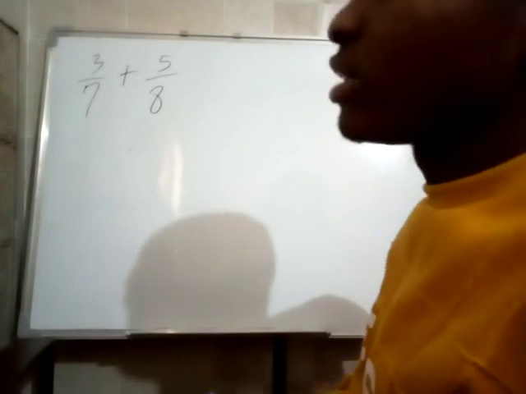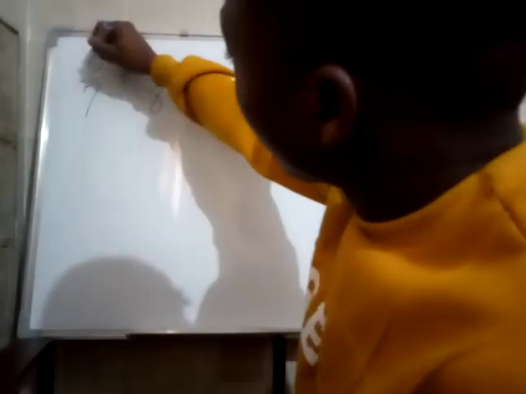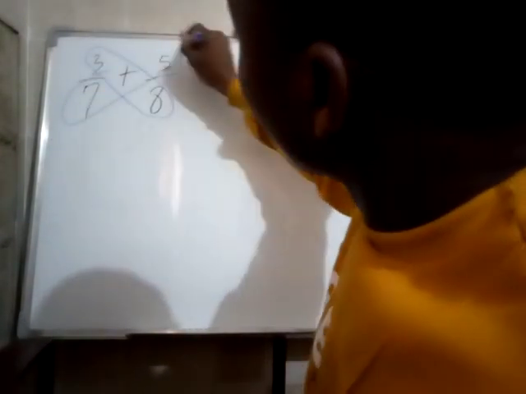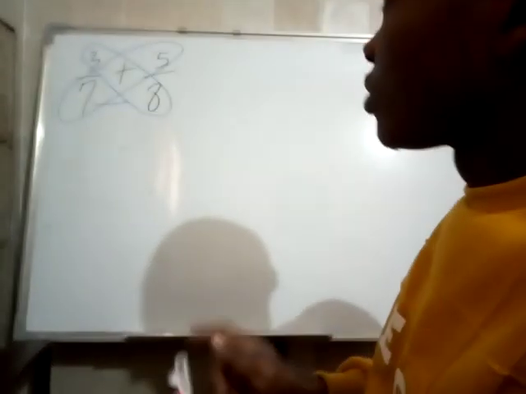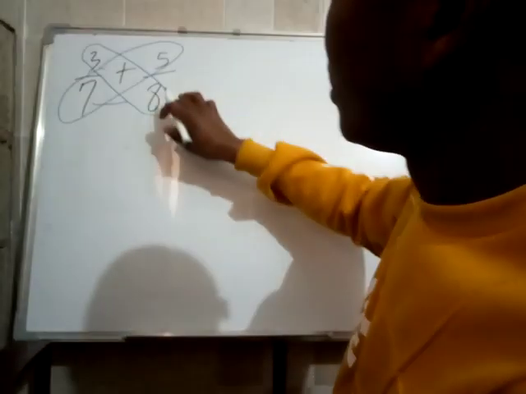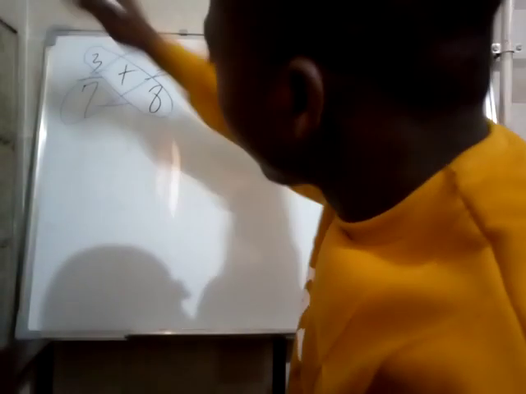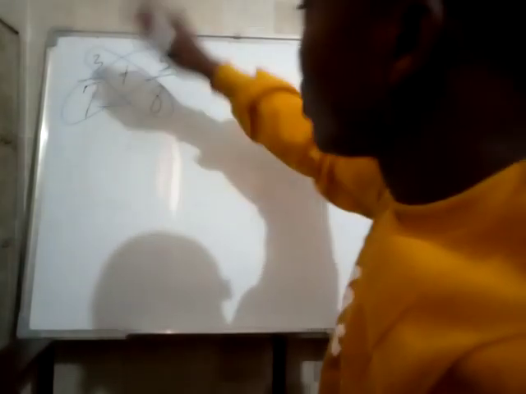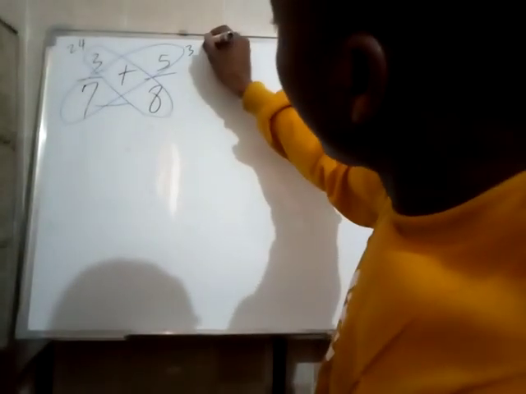The same process: we multiply the top one here by this one, the bottom one here by this one, and we multiply the bottom numbers together. So we multiply 8 times 3, and we always write the answer on top here. This one goes here, and this one, multiplying this one, goes on top here. 8 times 3 equals 24, and then 7 times 5 equals 35.